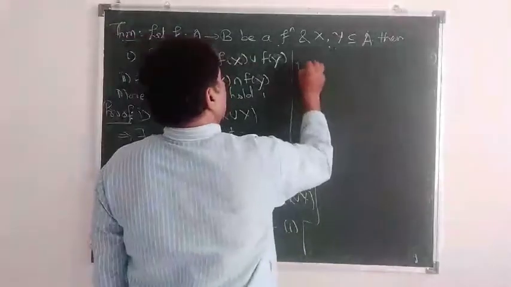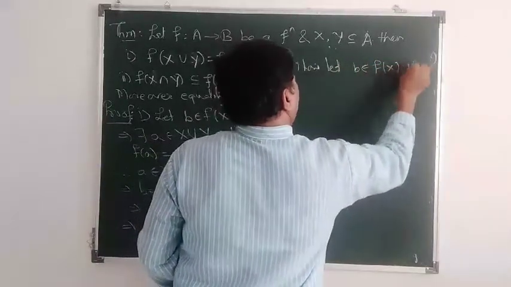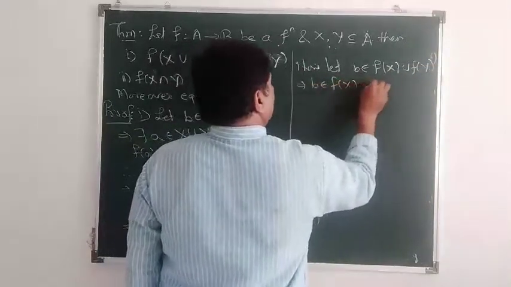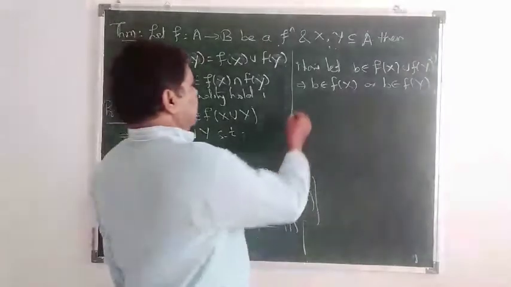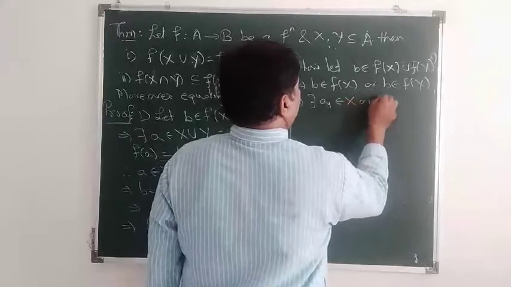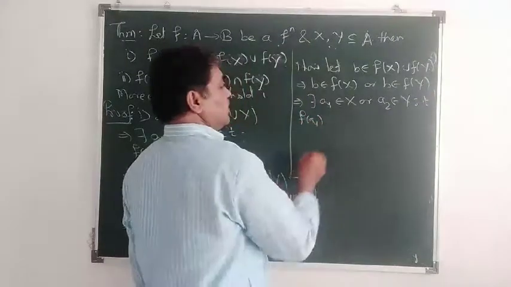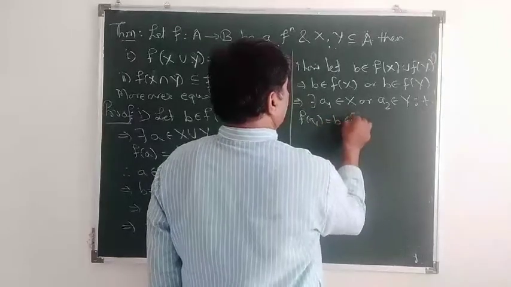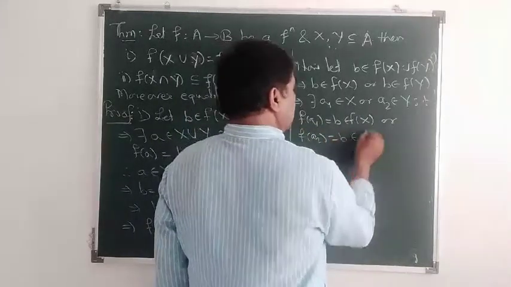Now, let B belong to F of X union F of Y. This implies B belongs to F of X or B belongs to F of Y. This implies there exists A1 belonging to X or A2 belonging to Y, such that F of A1 is equal to B belonging to F of X, or F of A2 is B belonging to F of Y.